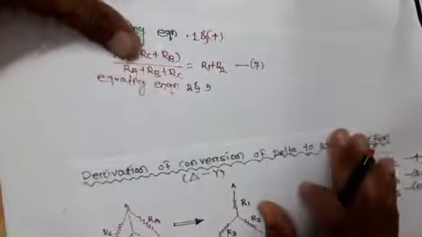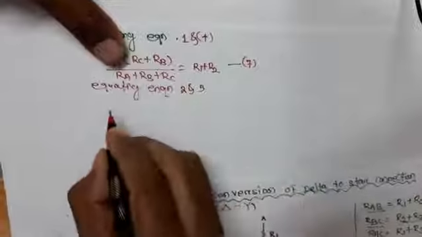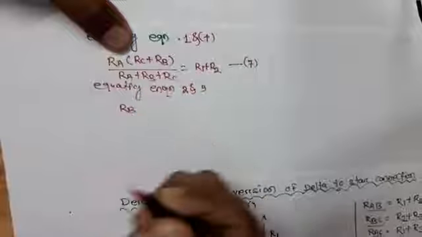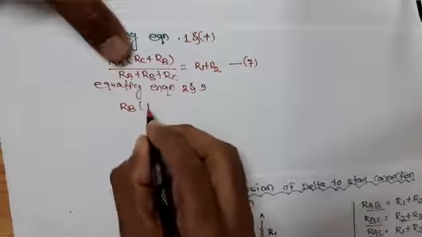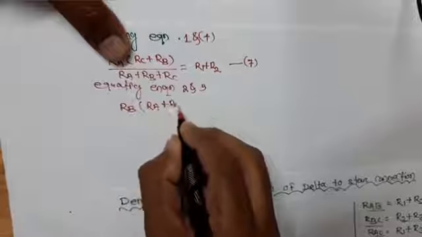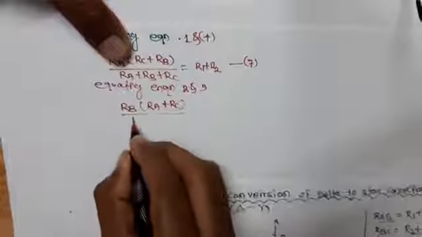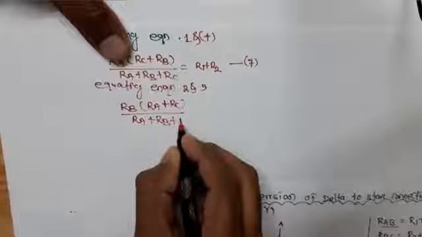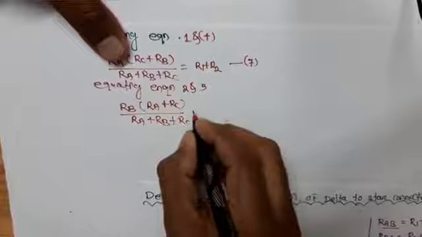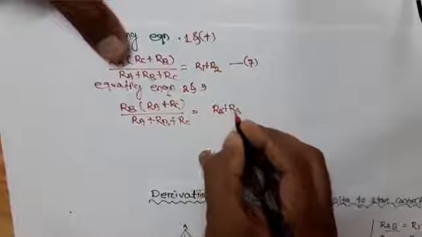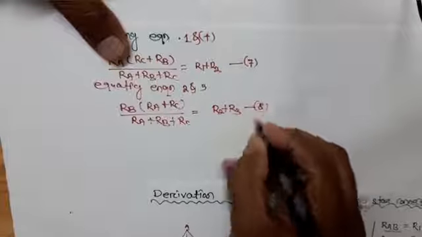Equating equation number 2 and 5: RB into RA plus RC, divided by RA plus RB plus RC, is equal to R2 plus R3. This is equation number 8.